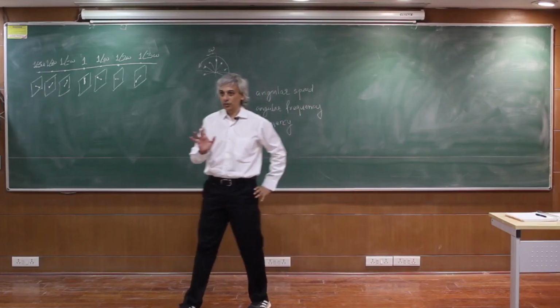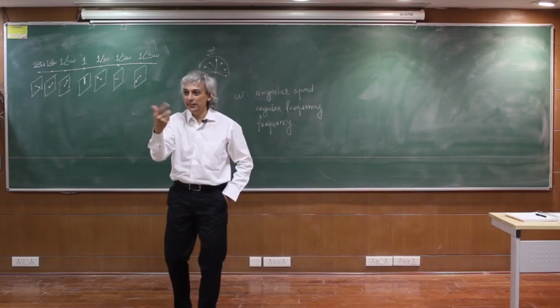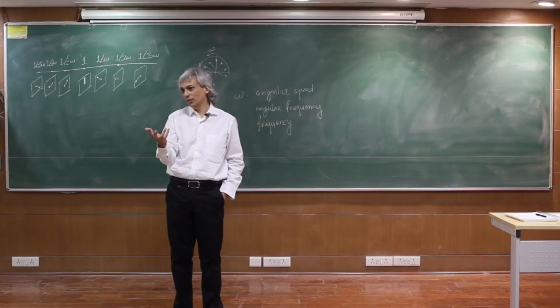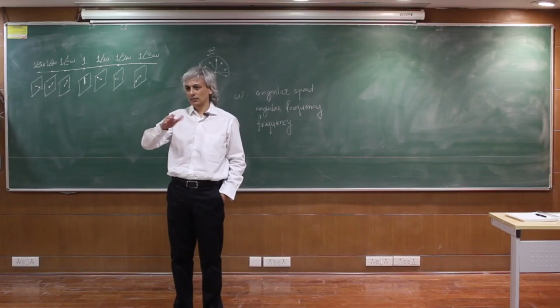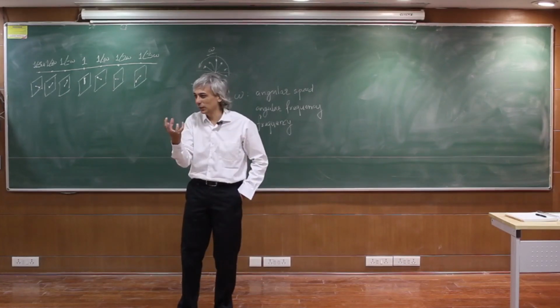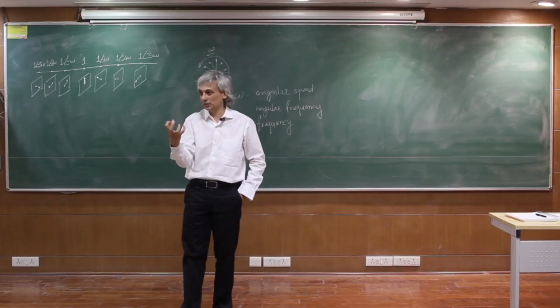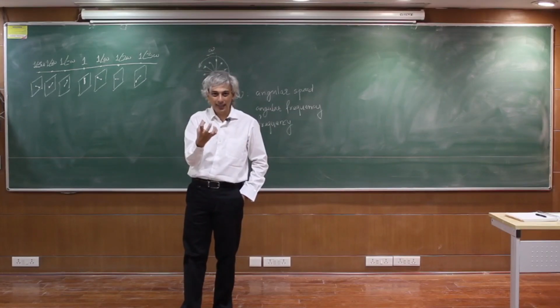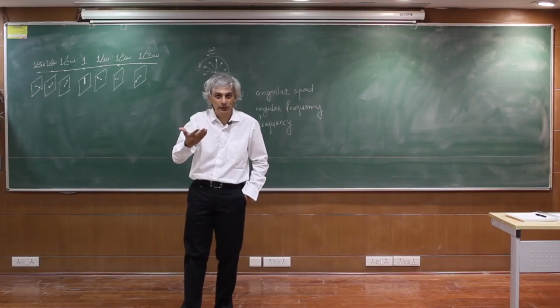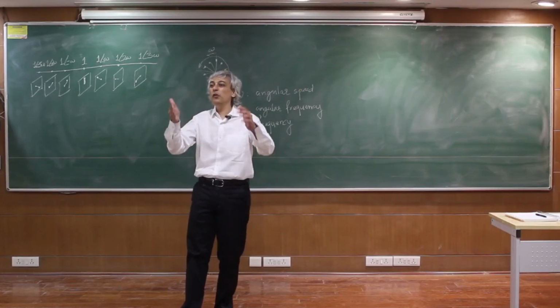Okay? So, if something is making 20 turns a second, right, you can call it angular speed, or you can call it angular frequency, or you can call it frequency when put in terms of turns per second rather than in terms of radians per second. It becomes more obvious to see why it is called frequency. Basically, what do you mean by frequency?